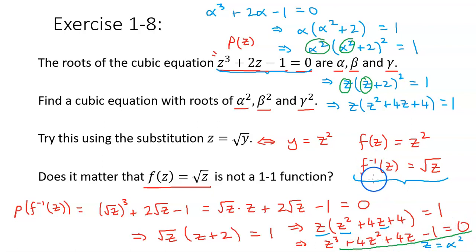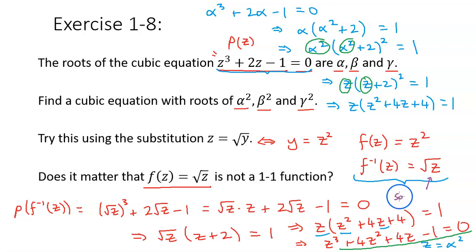But you may be sitting there wondering, why can we get away with this when this f inverse of z equals square root of z function isn't really defined on all the real numbers, for example, and we're not even really sure what it means for complex numbers. Well, the point is that it shows up in the working here, and from this step to this step, what we're saying here is that f inverse of z is not really the square root of a number here.